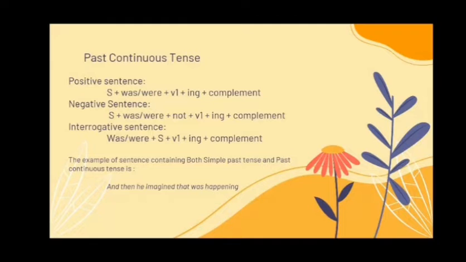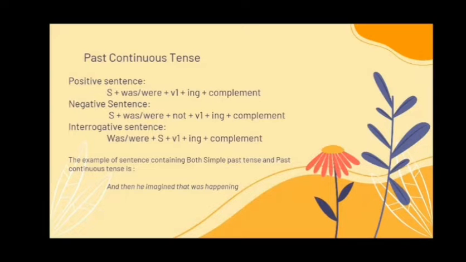Was happening here shows us that the sentence also contains past continuous tense based on the sentence pattern up there: subject plus was or were plus verb 1, which is happen, plus ing, it becomes happening. And that's all.